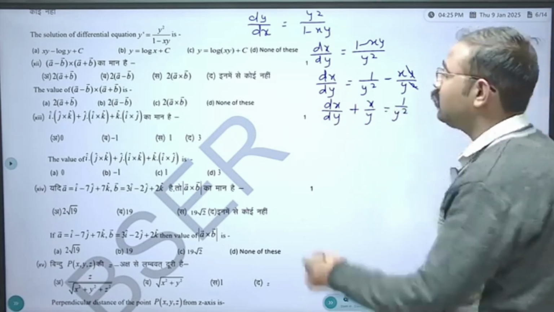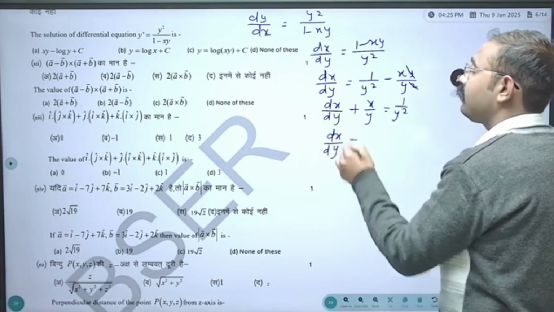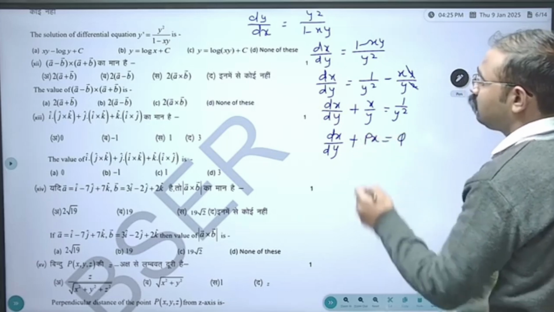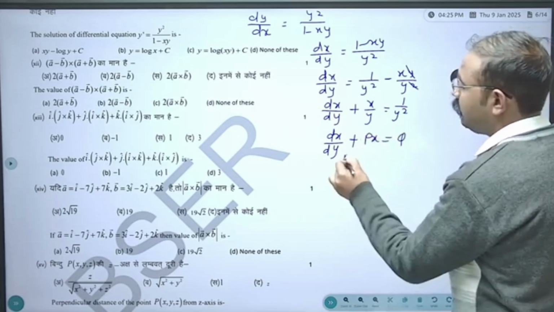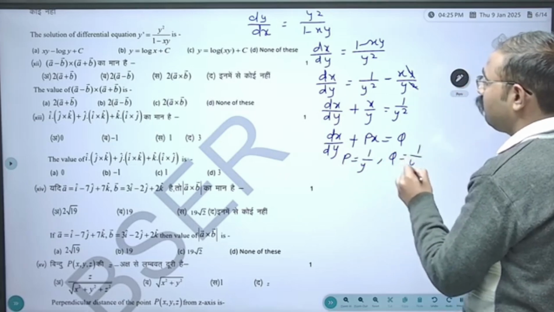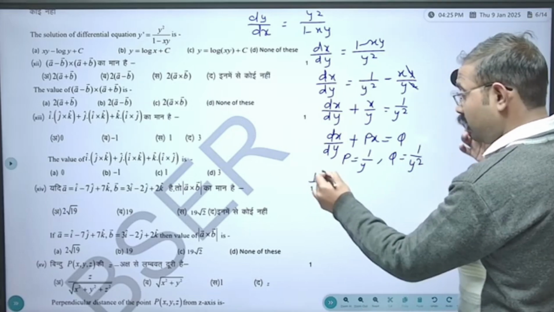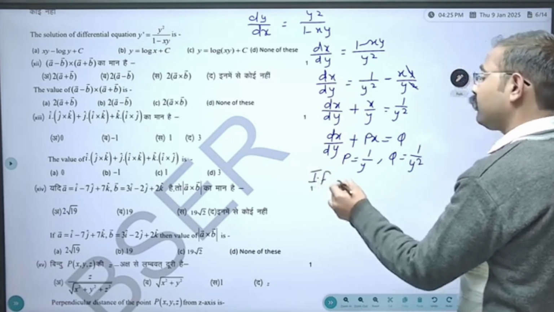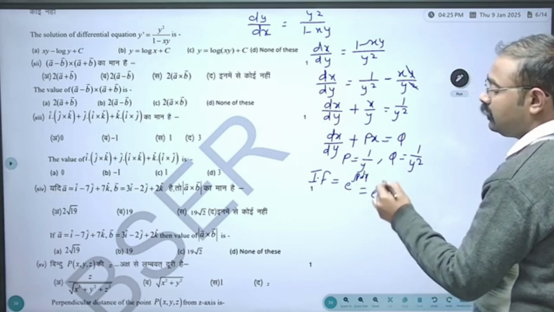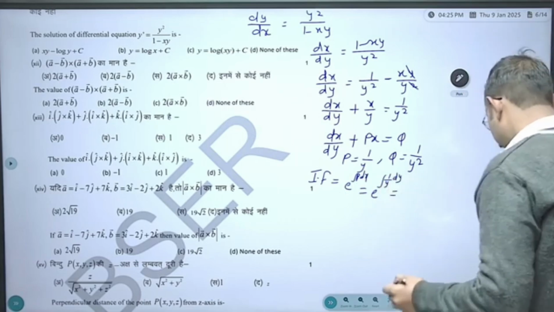This is a differential equation of the form dx upon dy plus px is equal to q. Here in place of p we have 1 upon y, and in place of q we have 1 upon y square. So at first we will find the integrating factor, IF, that will be e raised to the power integral of p dy, which is e raised to the power integral of 1 upon y dy.